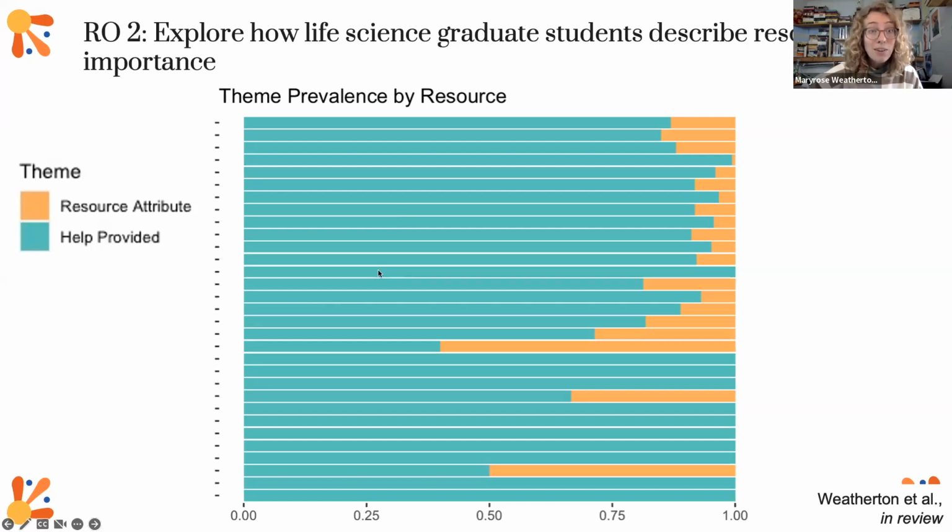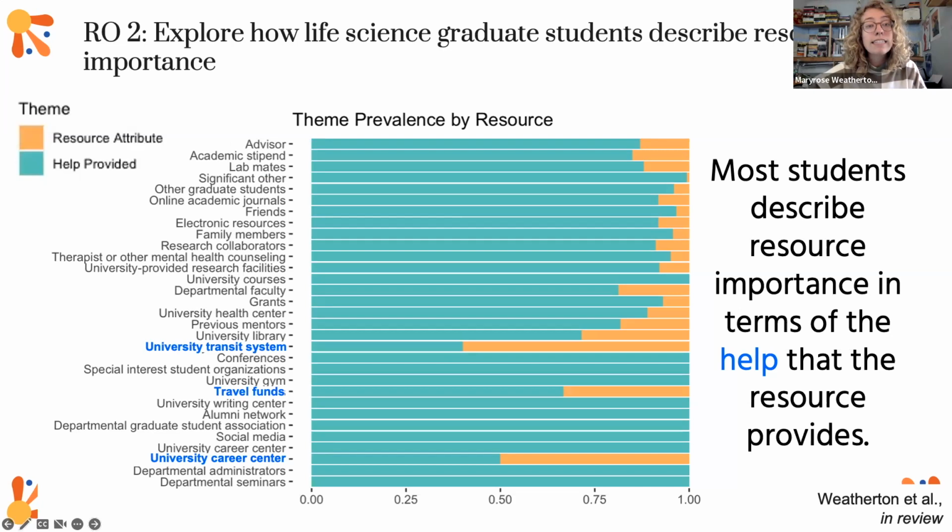So the y-axis is going to show us each of our 34 resources in just a second, but a big broad picture here that we can see is that most of these bars are mostly blue, which indicates that most of our resources, when participants were talking about why they were important, they were most often talking about what benefits they received from this resource, as opposed to how the resource was or what attributes drove their value.